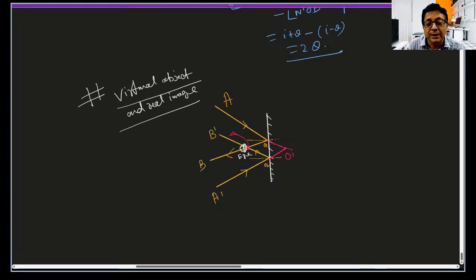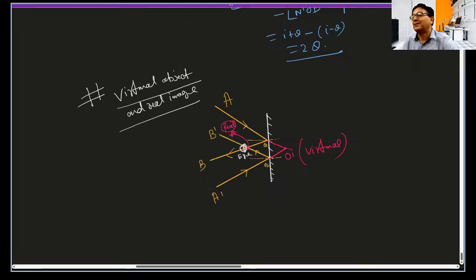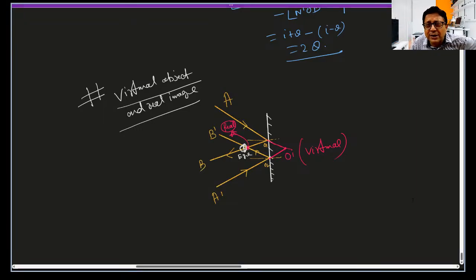This object is virtual and this is real. Clear? So image real but object is virtual. Where they meet, that is position of image. Many things can be proved, but we cannot do all here. You get the concept and start practicing problems on it.